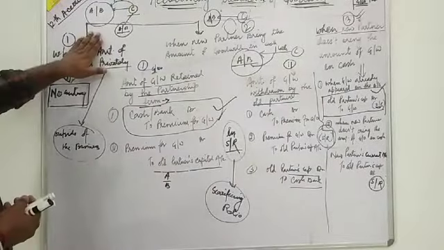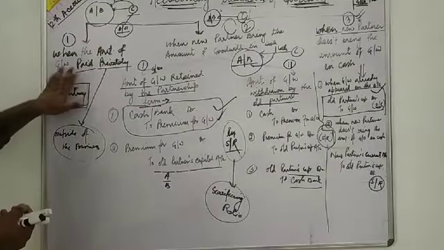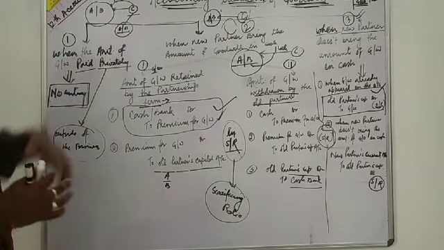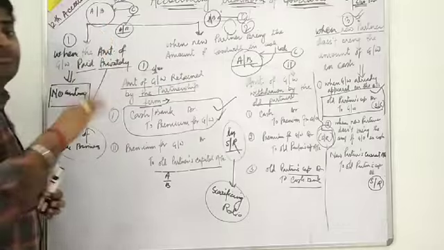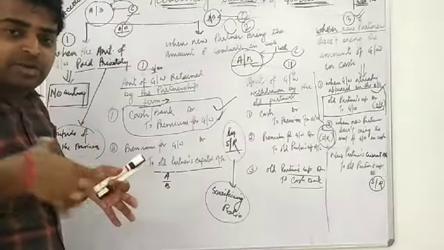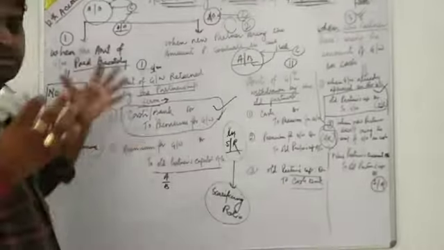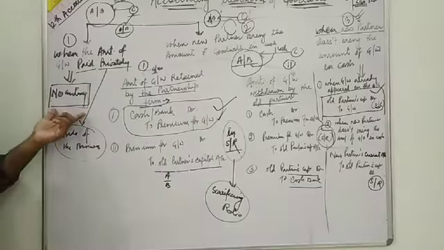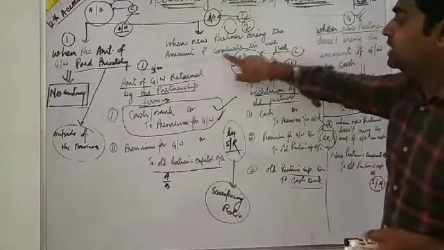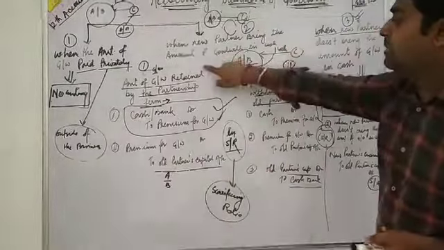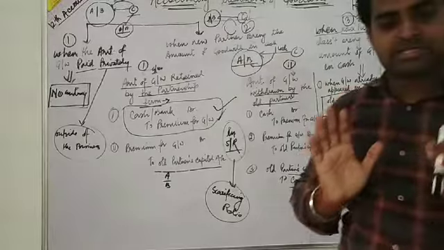The first case: when the amount of goodwill is paid privately to the old partner, when C pays the old partner privately, then no entry will be passed in the books of account.